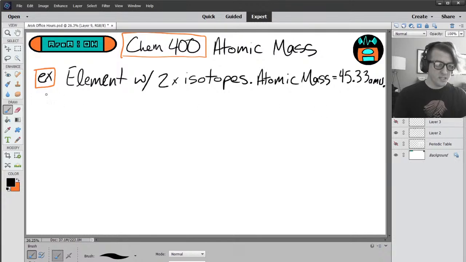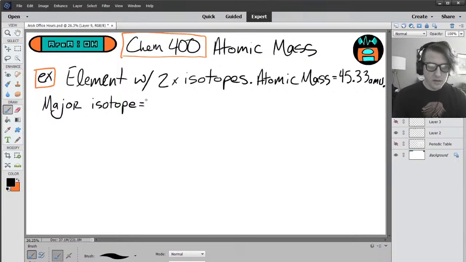We're told that the major isotope has a 65.30% abundance. Also that it has an atomic mass of 44.59.